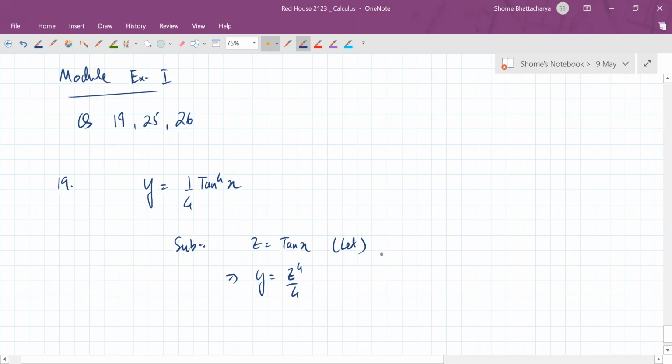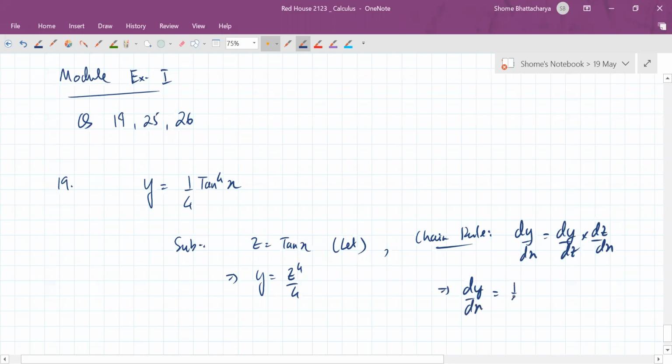So next step, chain rule. So dy by dx will become derivative of this thing.